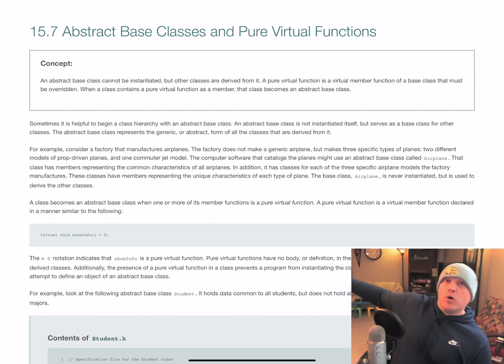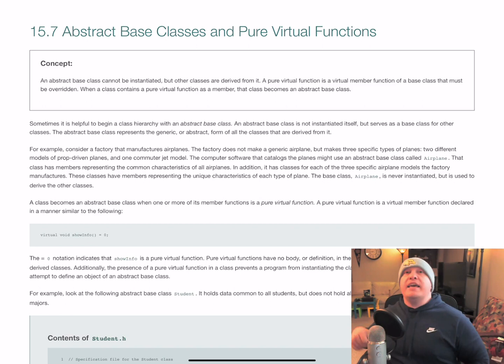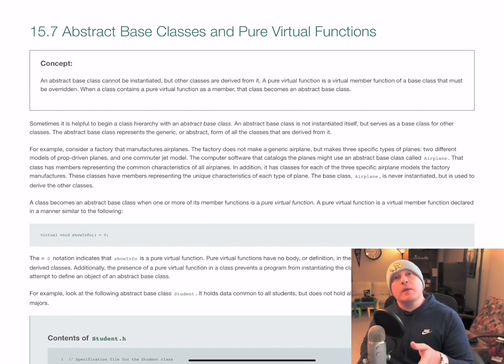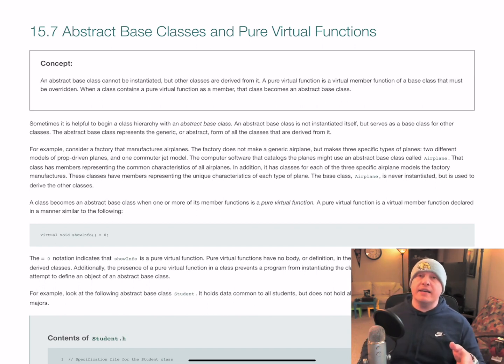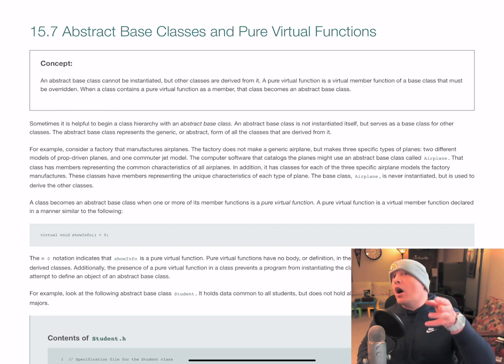It is here to be the most abstract thing, something back here that never really has enough to materialize as one of itself. And what we can do is say, look, this is a down payment on a class that you define later on. But as such, we can have purely virtual functions. Function names that are a down payment on things that you are required to override later on down the line.